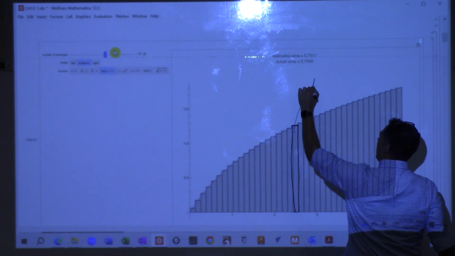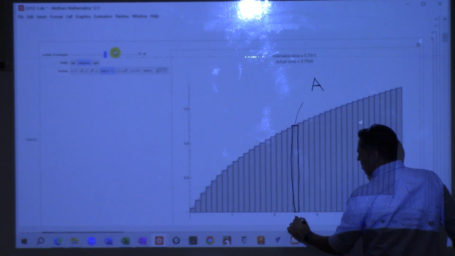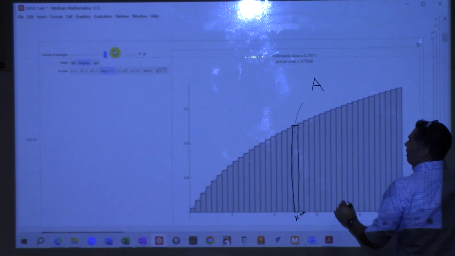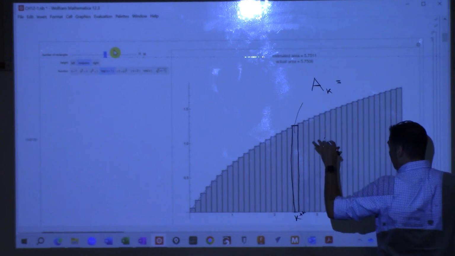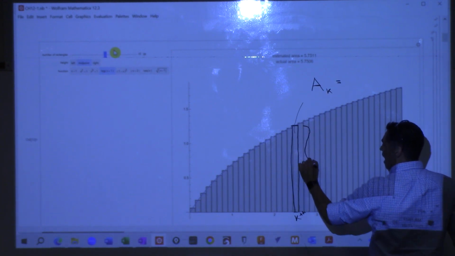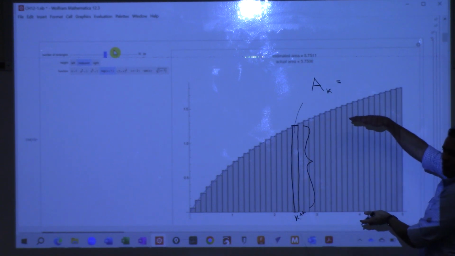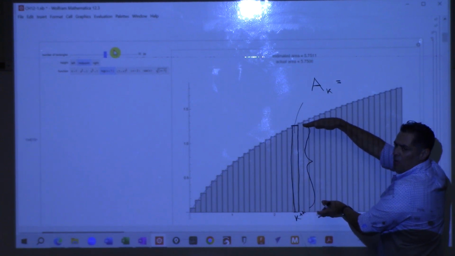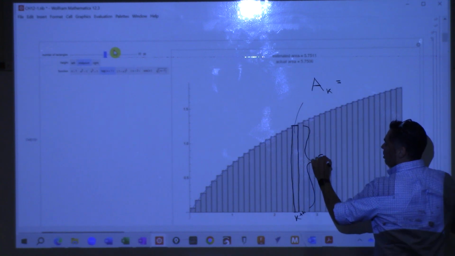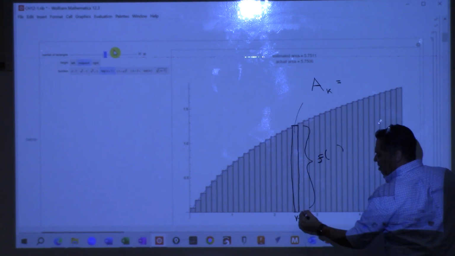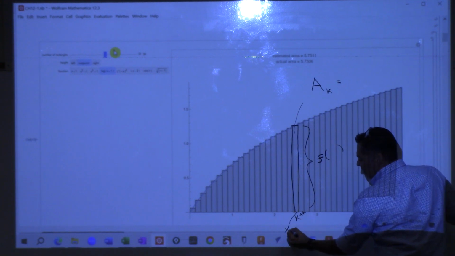If I want to know the area of that one, let's call this the kth rectangle, what it's going to be approximately is the height of this function, right? How tall it is. The height of that rectangle is the function evaluated at some point in here, I'll call that x sub k.